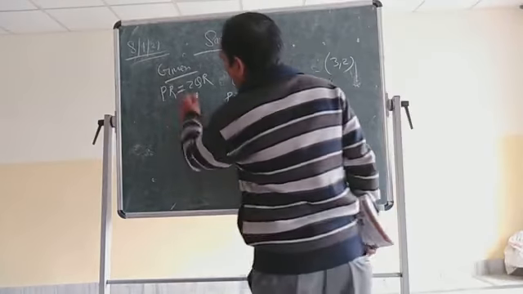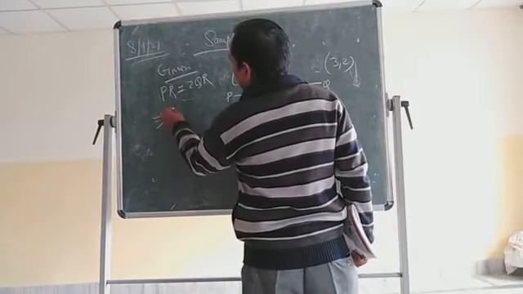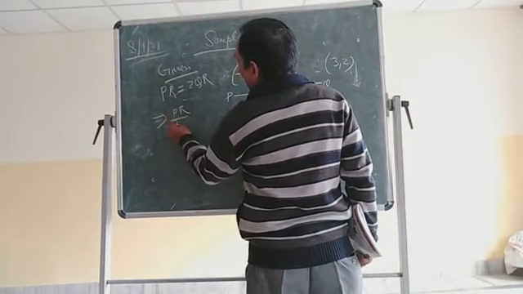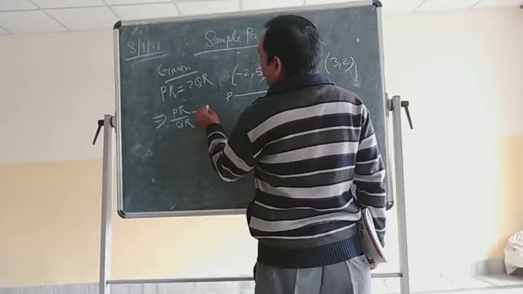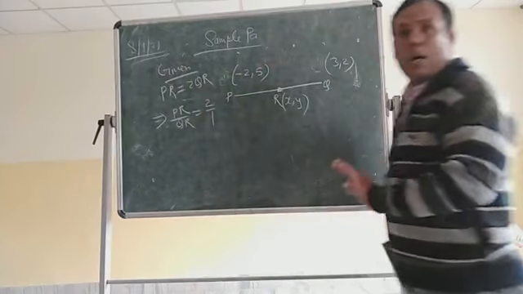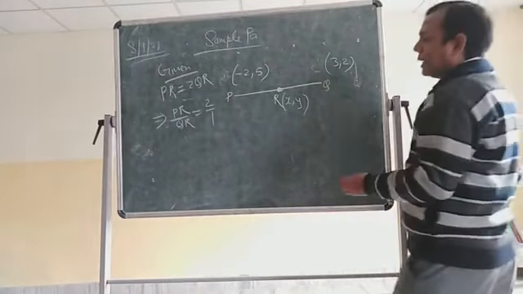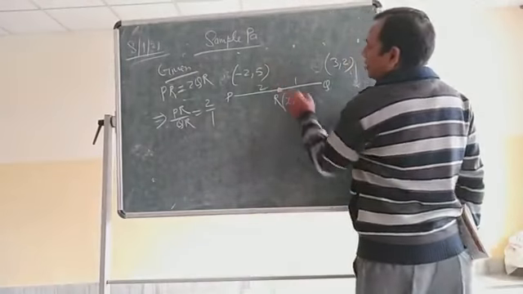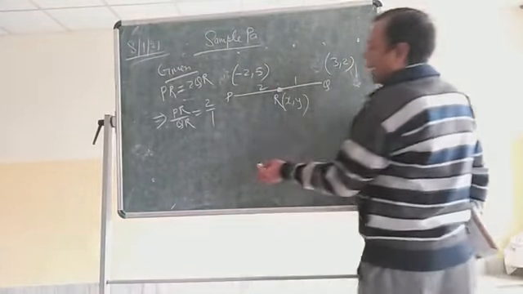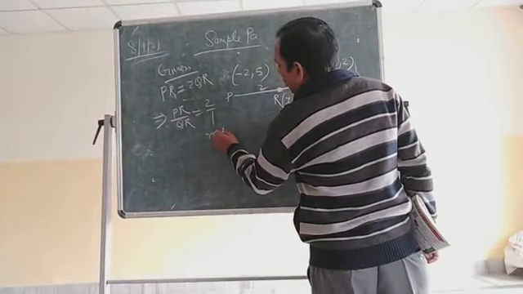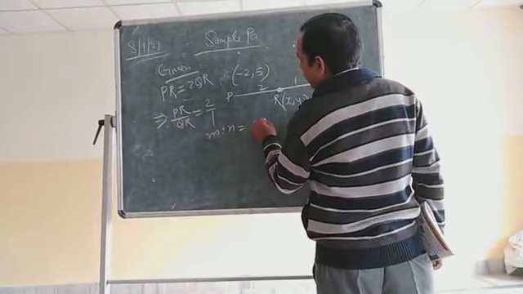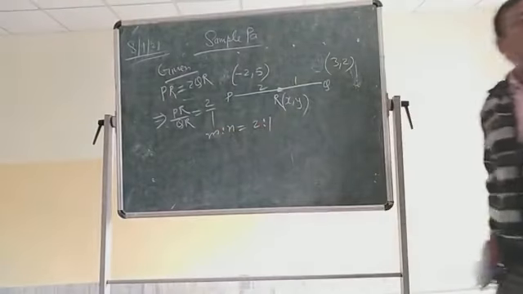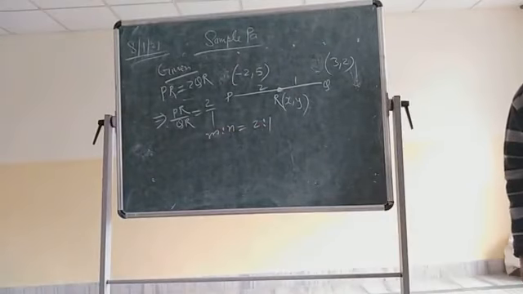So let us see. Here we can see that PR by QR equal to 2 by 1. So this is 2 and this is 1. It means that m ratio n equal to 2 ratio 1. Clear? So we know the section formula.